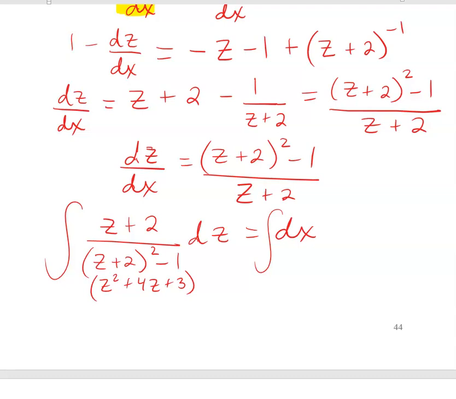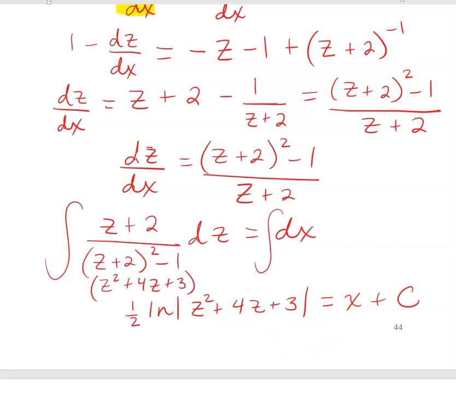So when you integrate that, you wind up with 1/2 times the natural log of u, which is going to be this z squared plus 4z plus 3 expression, equals, on the other side, your antiderivative is going to be x plus c. And then, of course, you need to replace the z with what it was equivalent to.